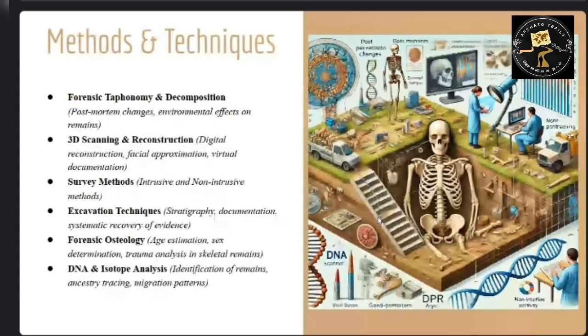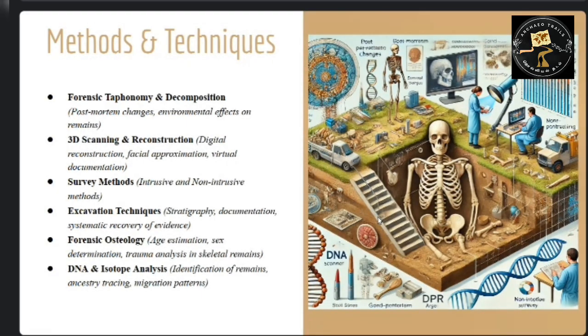In case of skeletal remains, we can easily differentiate, for example, if I take a humerus, your hand bone, I can easily tell if it belongs to the right side or left side. But with very small bones like your finger bones, phalanges, it would be very difficult to side it if it belongs to the right side or left side.